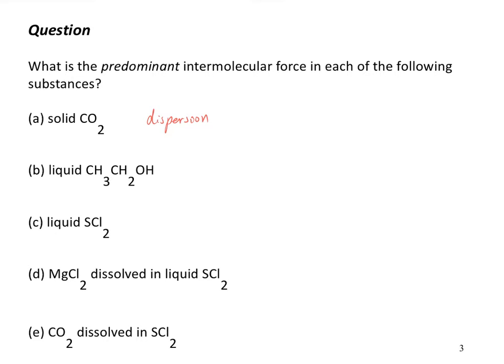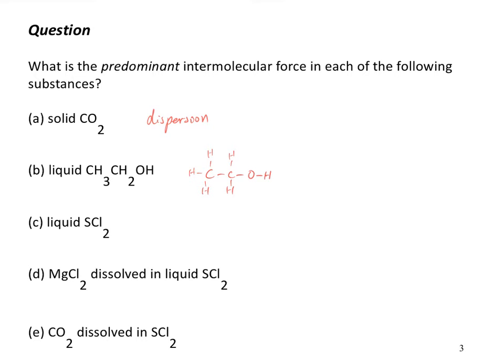Okay, then how about liquid methanol? The liquid methanol has this formula, CH3CH2OH. If you're not familiar with this, it's a carbon connected with three hydrogens, another carbon connected with two hydrogens, connected with oxygen, connected with hydrogen.